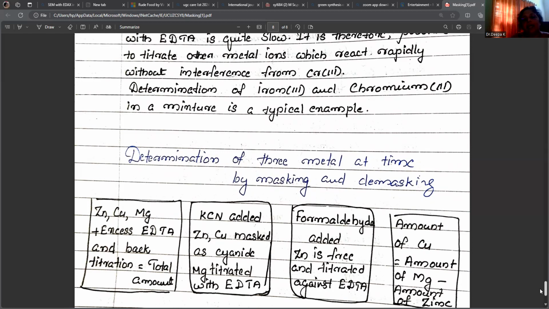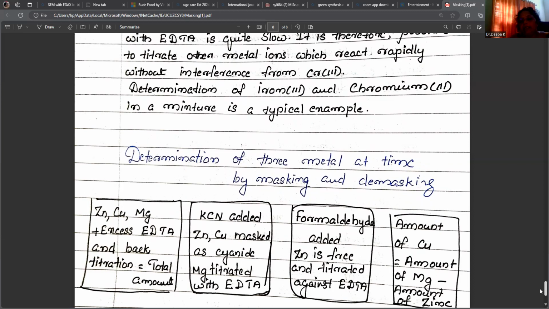Then, before titration, another sample is taken, and to that potassium cyanide is added. Here zinc and copper are masked as cyanide complexes, and the magnesium is determined using EDTA titration.